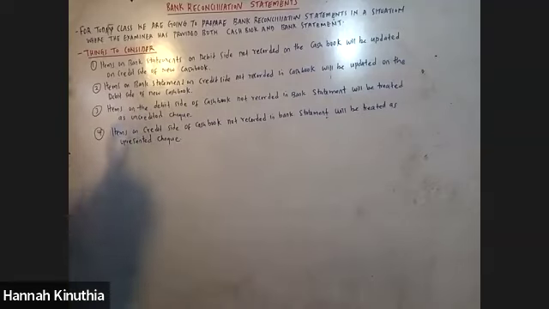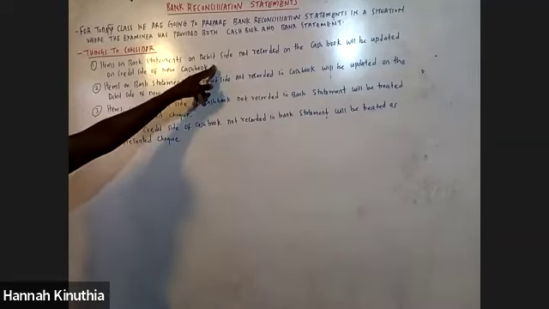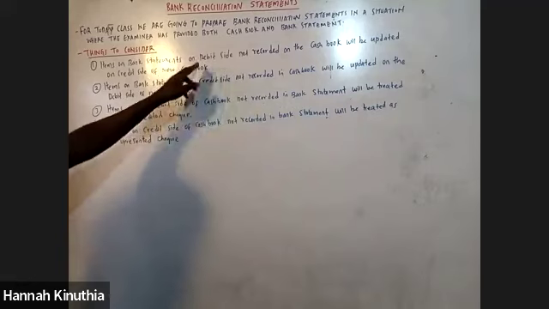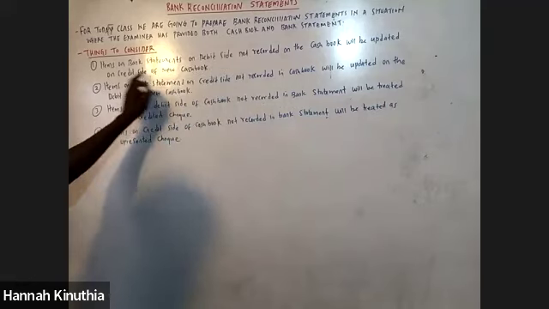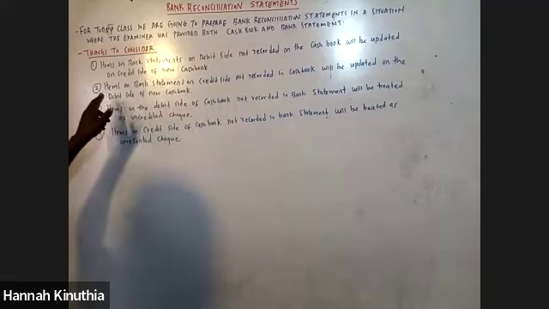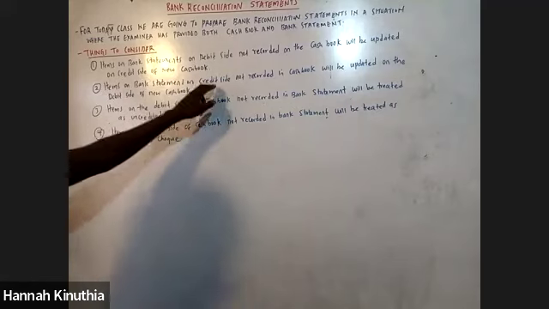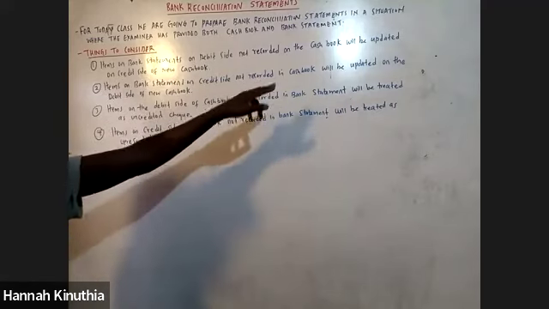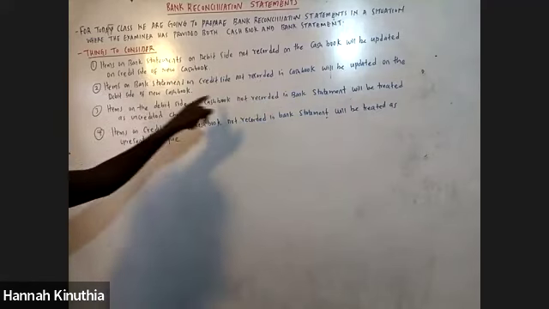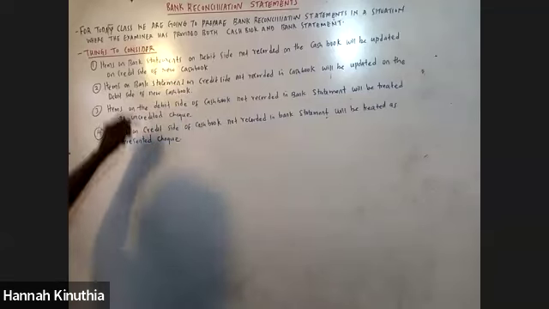So number one, the items on the bank statement on the debit side not recorded in the cash book will be updated on the credit side of the new cash book. So when you find those items, you credit them in the cash book. You also go to the bank statement, and when you see items on the credit side not recorded in the cash book, you record them in the new cash book on the debit side.